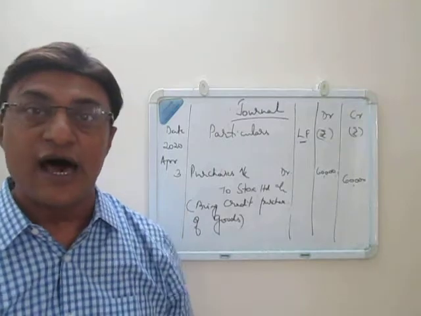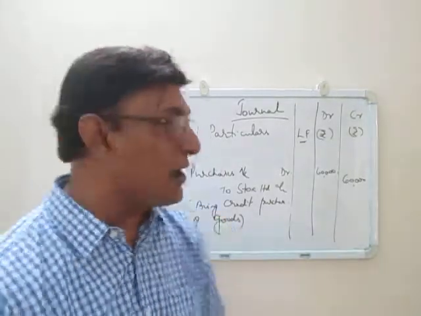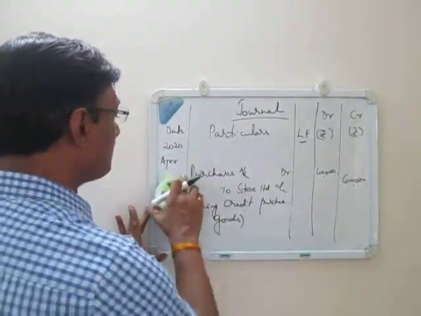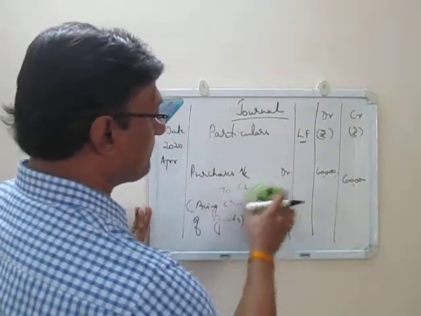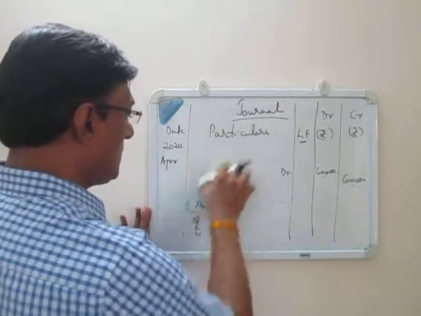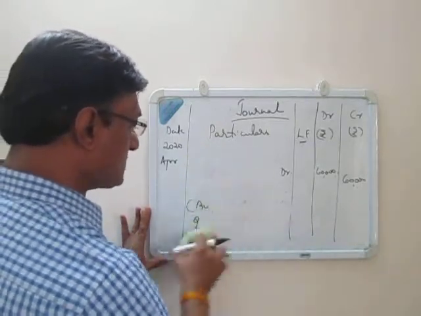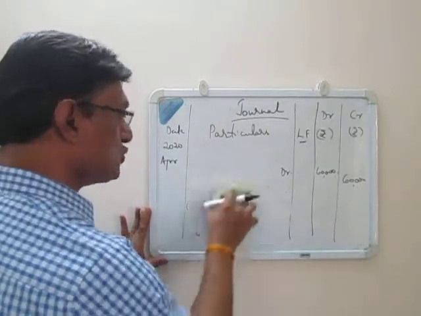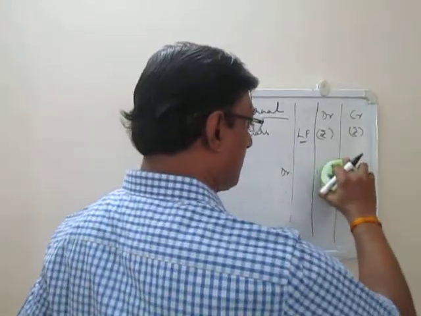The next is sale transaction. So how do you do that? Leaving a gap after the purchase account. So you have 1 plus 2 lines consumed by this transaction.